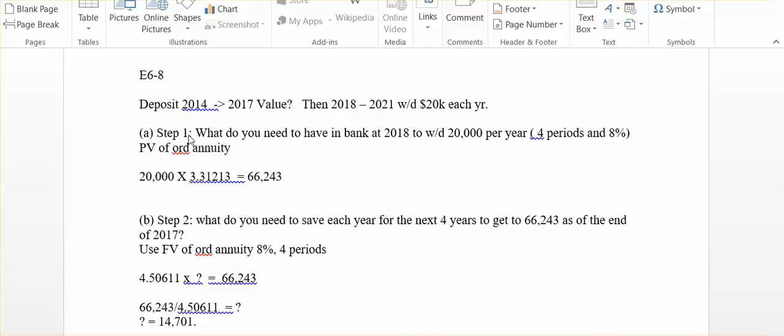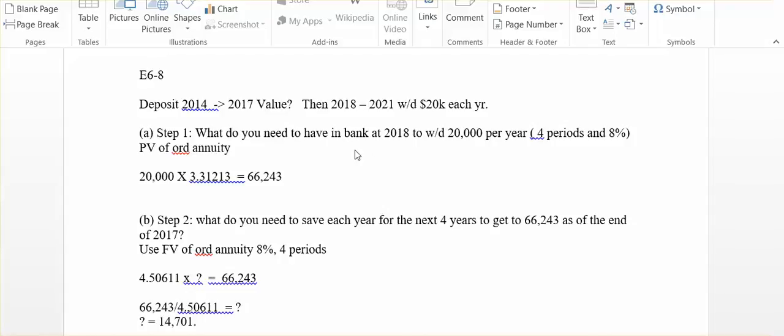So the first step is, what would you need to have in the bank at this point? So we can figure that, how much this needs to be to withdraw $20,000 a year, then we can figure out how much to put in. So we're going to kind of go backwards with this. We're going to figure this amount first, and then we're going to figure out each of these payments later.